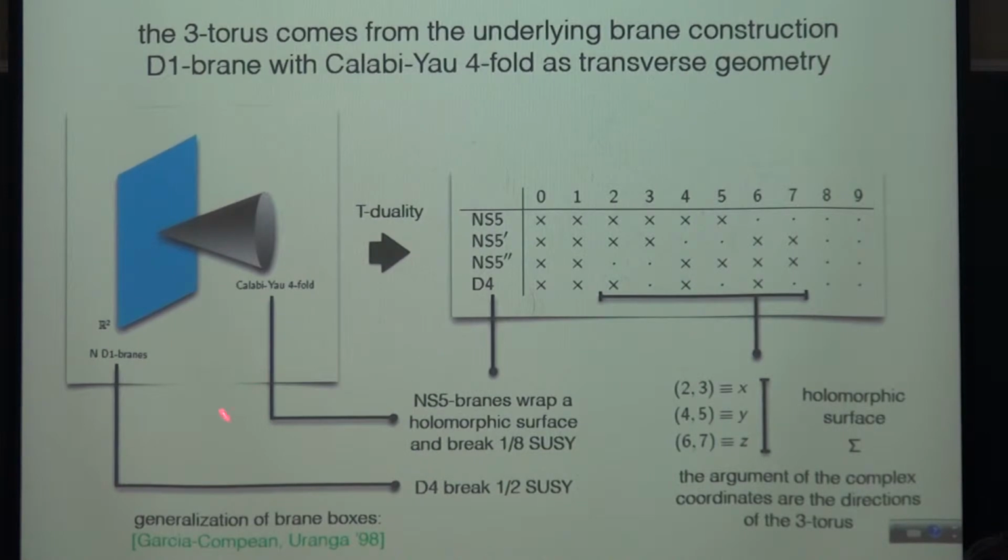The holomorphic surface on which the NS5 branes are wrapped is parameterized by 3 complex coordinates, which I call x, y, and z. If I take the arguments of these 3 complex coordinates, they precisely parameterize the free torus I was talking about before. Let me go into more detail about this holomorphic surface.